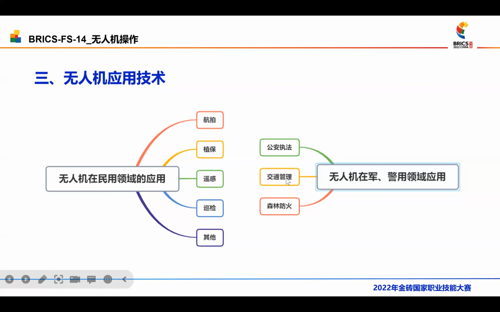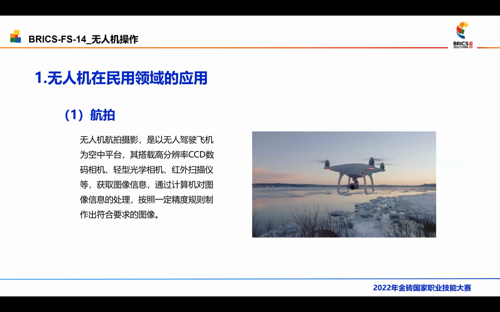And the application of UAV in the civil field, such as aerial photography, plant protection, remote sensing, inspection, and others. Now let's have a look at the aerial photography. UAV aerial photography takes the unmanned aircraft as the air platform.